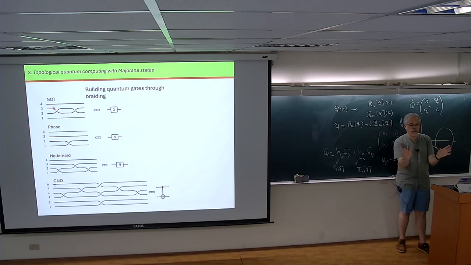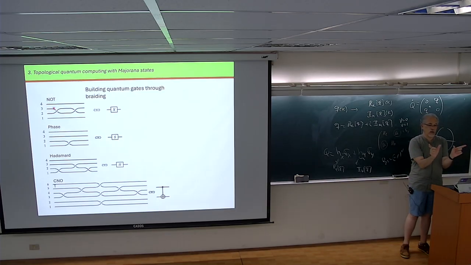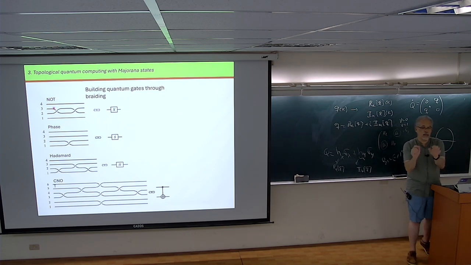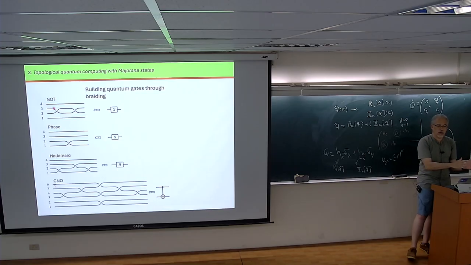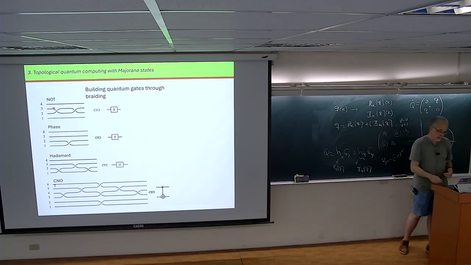Meaning if my four Majoranas are empty at the beginning, when I do this double exchange of one Majorana of each pair, I end up with occupied Majoranas. So I fuse and get two extra charges. I go from 0, empty, to occupied, 1, so it's a NOT gate.